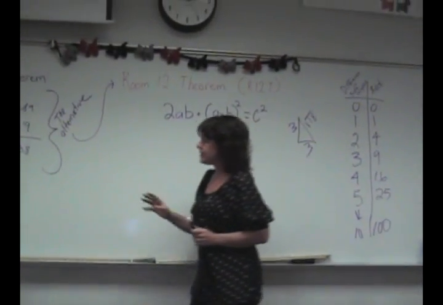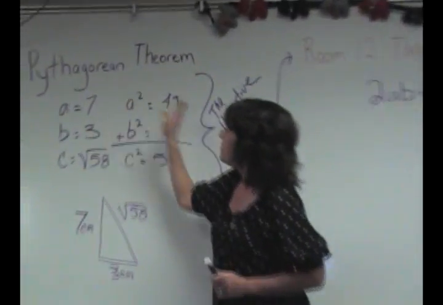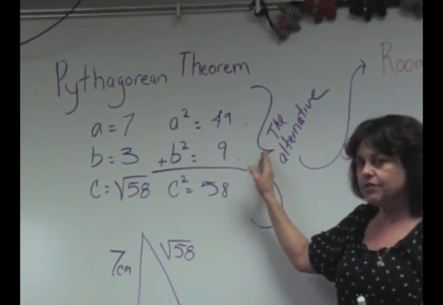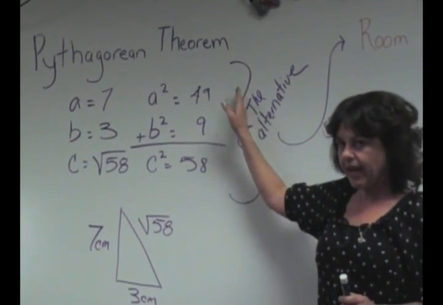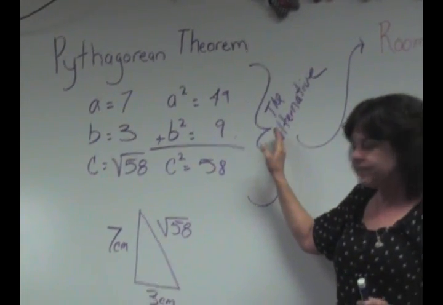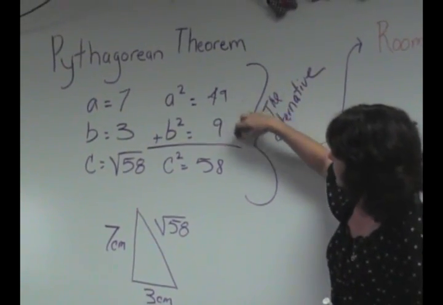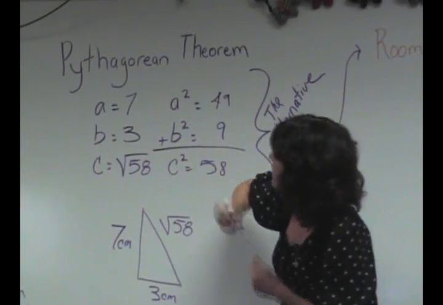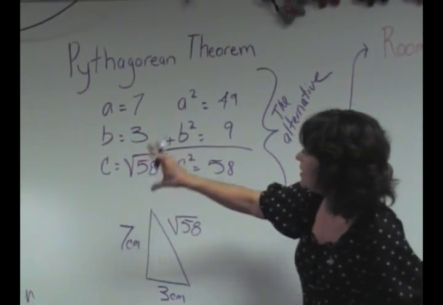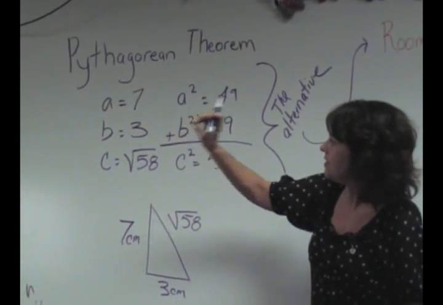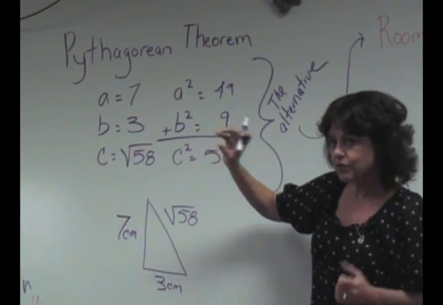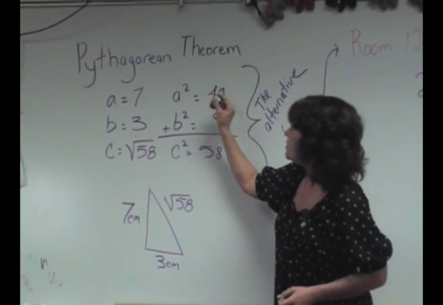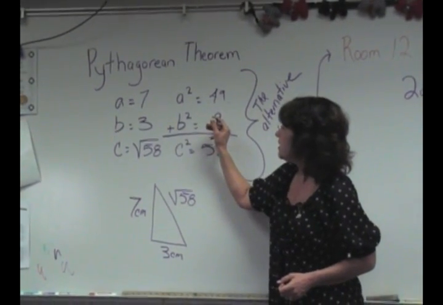The reason this works: if you take 7 and square it and 3 and square it, and then add the two numbers together, adding two numbers is the same as saying these two numbers times 2. I'm then adding the difference between the 7 and 3, which is 4, squared, because that's the part that's different. 7 times 7 is 49. 3 times 3 is 9.